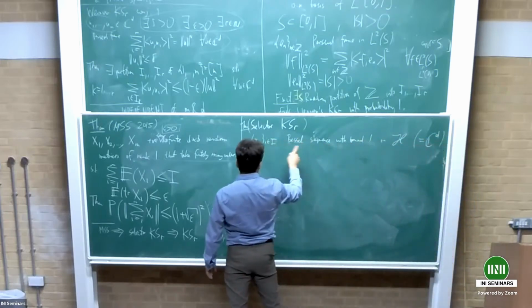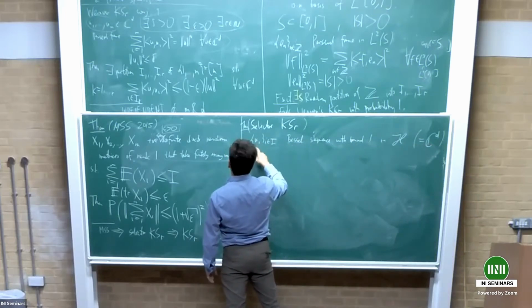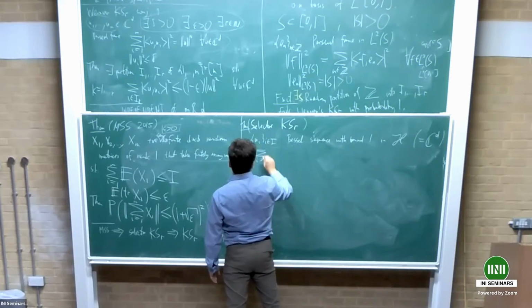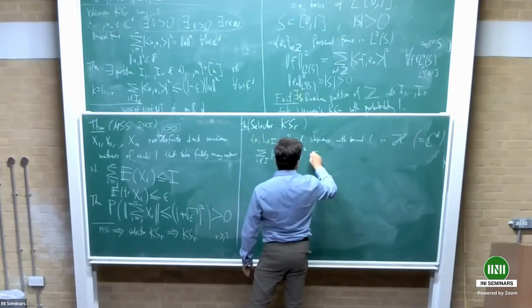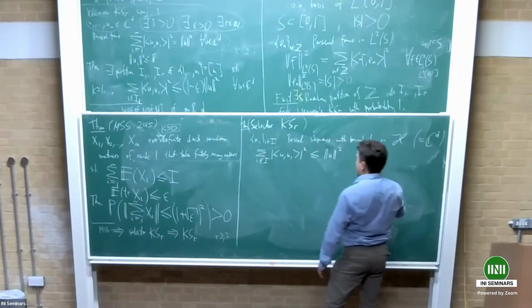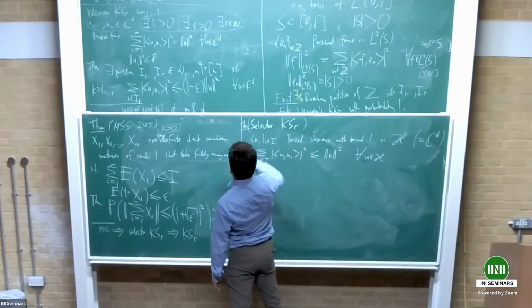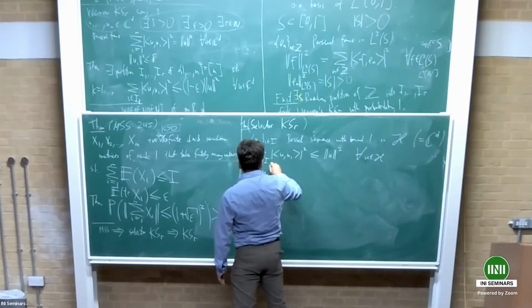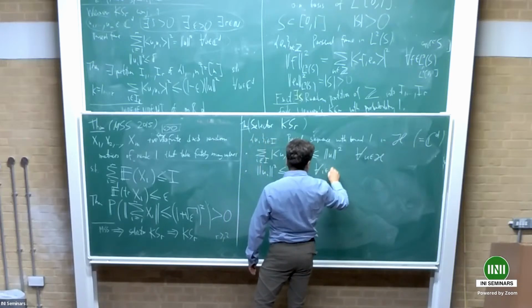What this means is that the sum over i of |<u, u_i>|^2 is at most ||u||^2 for all u in H. That's one assumption. The second assumption is, as before, that the norms squared are bounded by delta for all i.